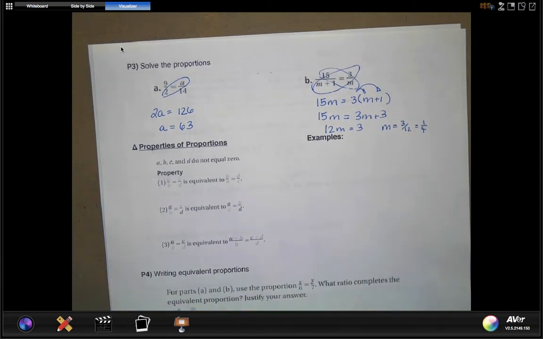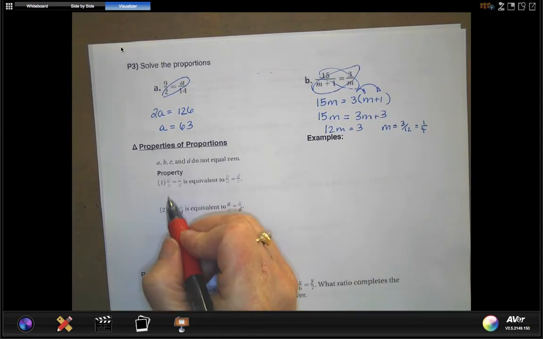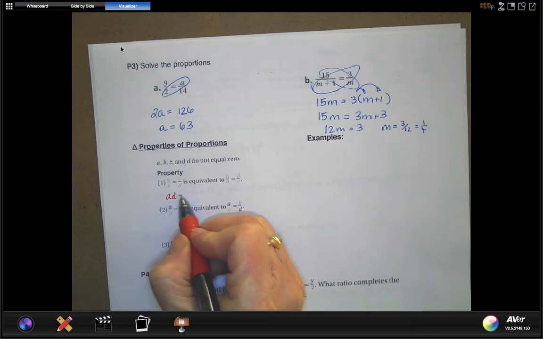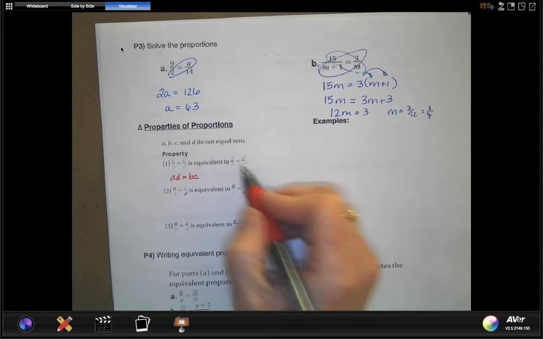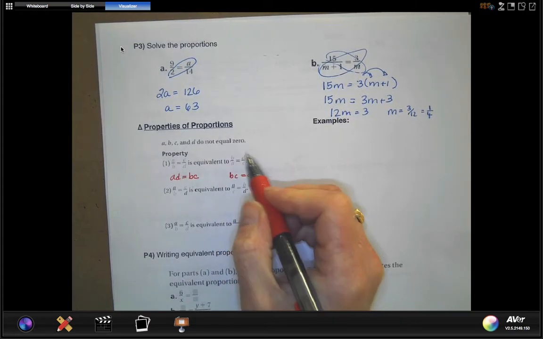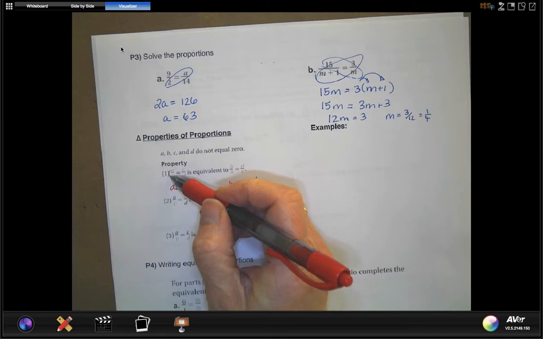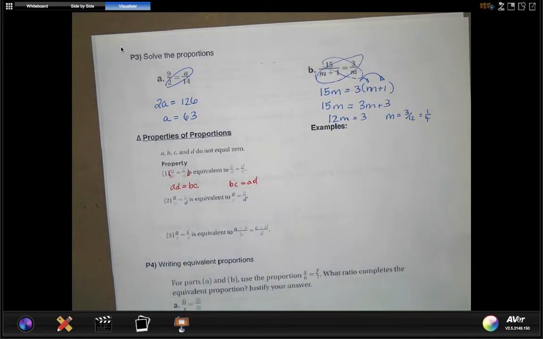If I cross multiply here, I'd have a times d is equal to b times c. If I cross multiply over here, I have b times c is equal to a times d. So even though these numbers are flipped, in the end, when I cross multiply, I get the same thing.